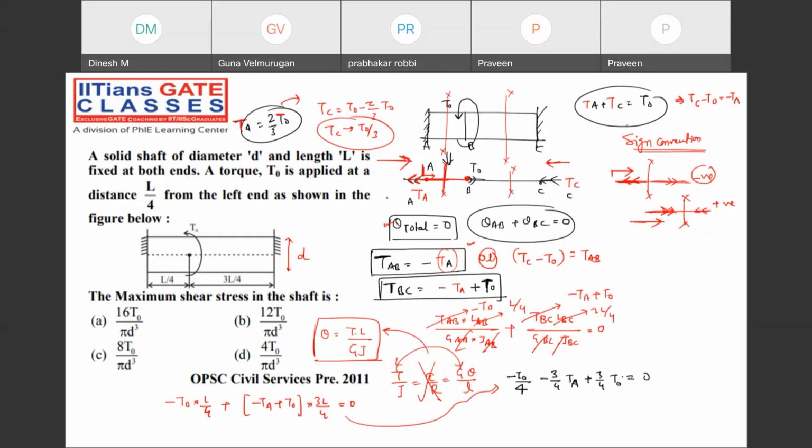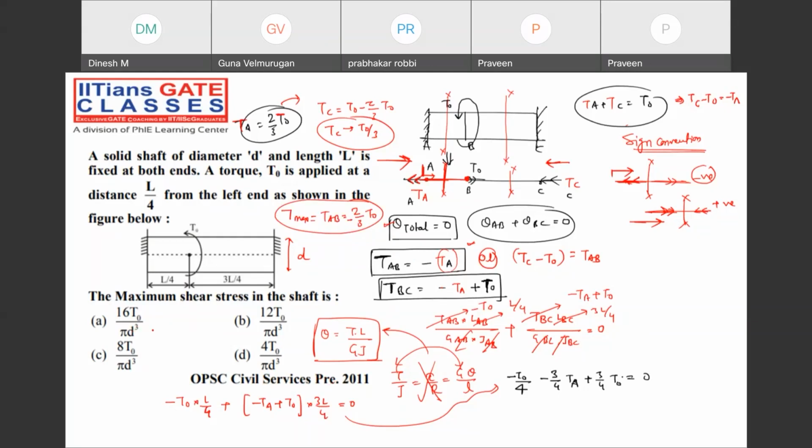Tell me, guys. What will be the maximum torque? Can I say 2 by 3 times T naught?